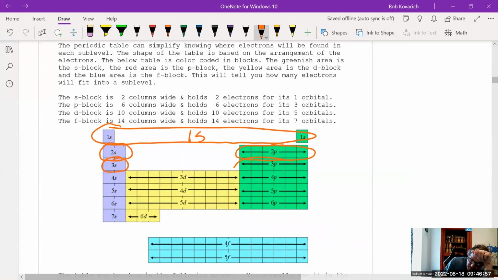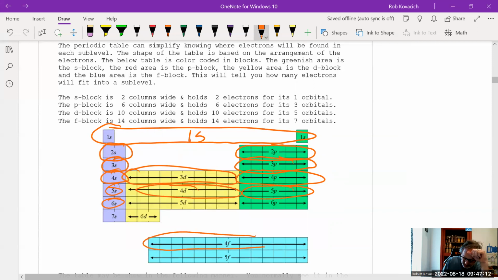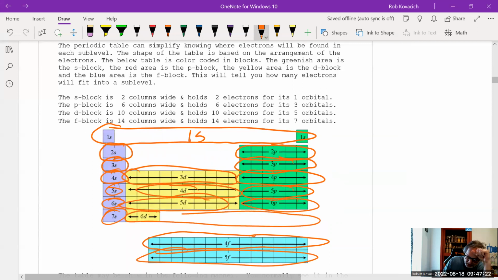2 electrons, 6 electrons, 2 electrons, 10 electrons, 6, 2, 10, 6, 2, and then it's a little harder with this periodic table. 14, 10, 6, 2, 14, and then this is an old one, so it's not showing you that it goes out to 10 and then another 6.